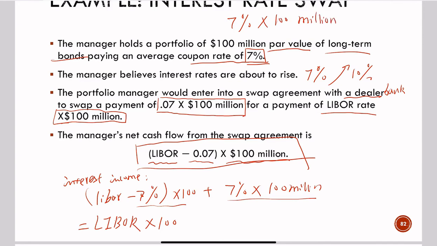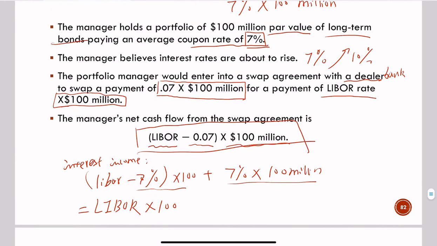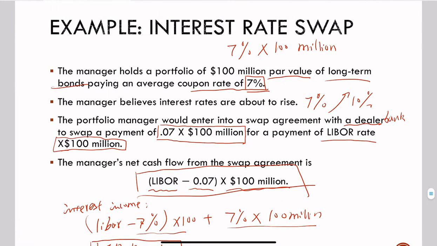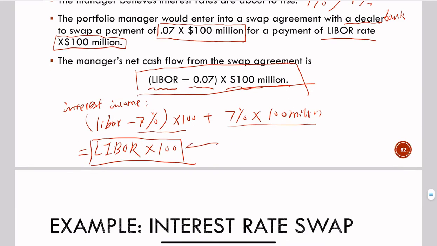And by entering this swap agreement, now your income becomes the LIBOR rate times $100 million, right? So it's as if you're swapping this amount for this amount. So you can see that it's a fairly intuitive name.